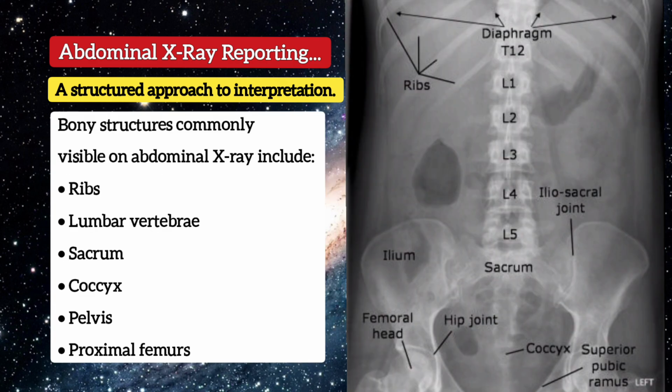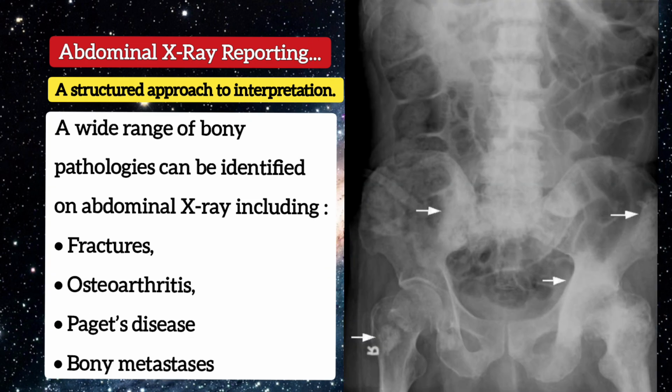Bony structures commonly visible on abdominal X-ray include ribs, lumbar vertebrae, sacrum, coccyx, pelvis, proximal femurs. A wide range of bony pathologies can be identified on abdominal X-ray, including fractures, osteoarthritis, Paget's disease, and bony metastases.